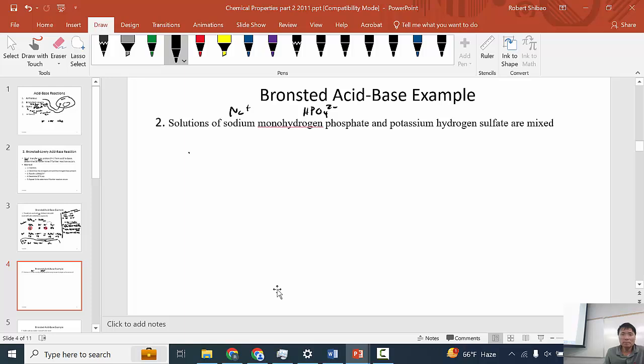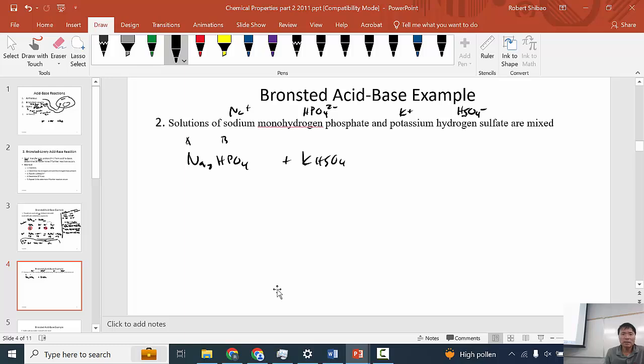So sodium monohydrogen phosphate will be Na2HPO4. Potassium hydrogen sulfate. What's the formula for hydrogen sulfate or bisulfate? HSO4. Charge? Minus. And so that's just KHSO4. This looks like double replacement.